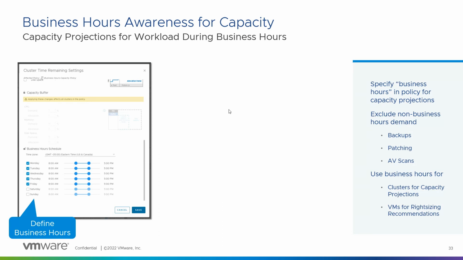This can be useful for things like nightly backups, patches, or AV scans. Those can be intense workloads that could potentially skew some of the projections, and maybe you want to exclude those. It gives you that flexibility, so you can set those business hour ranges and have it take those into account.